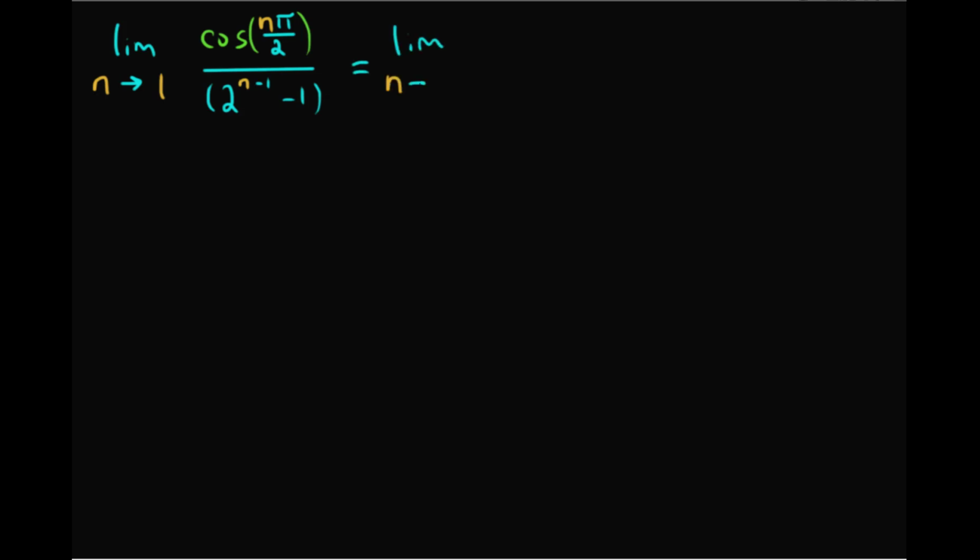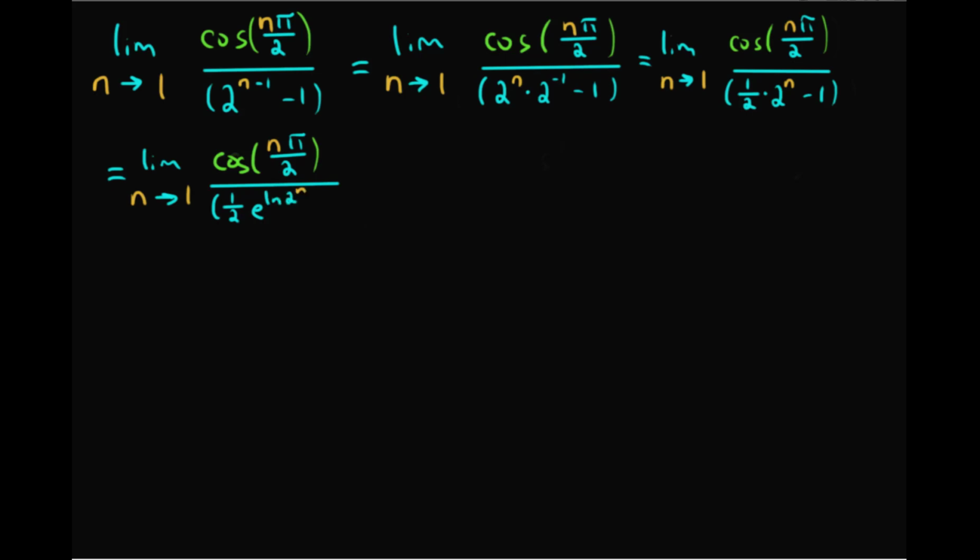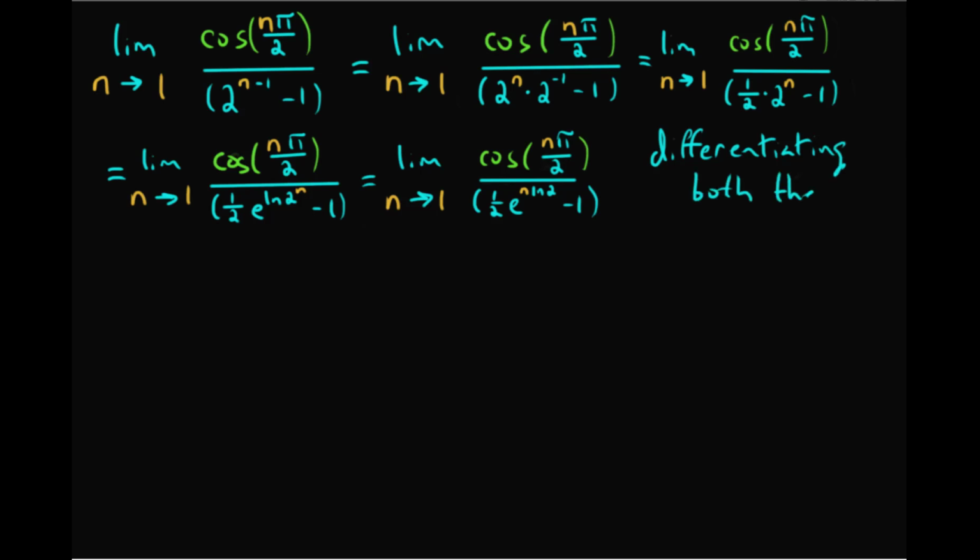Well, this equals the limit as n approaches 1 of cosine n pi over 2, all over 2 to the n times (2 to the negative 1 minus 1), which equals the limit as n approaches 1 of cosine n pi over 2 over 1/2 times (2 to the n minus 1), which equals the limit as n approaches 1 of cosine n pi over 2 all over 1/2, and now I'm going to change 2 to the n to e to the log of 2 to the n, minus 1, which equals the limit as n approaches 1 of cosine n pi over 2 all over 1/2 times (e to the n log 2 minus 1).